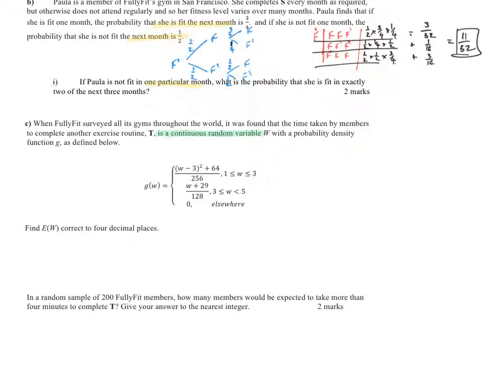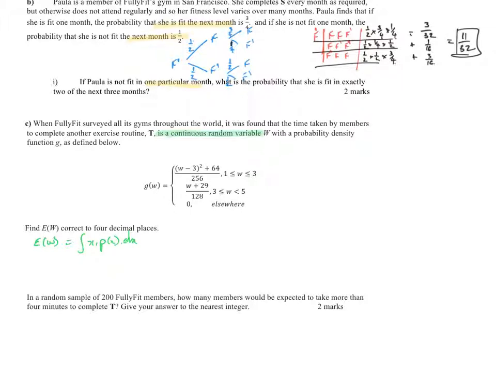So what do we know here? I know that the expected value of W is equal to the integral of x times P of x dx. So we've got two distinct intervals, so we've got two distinct integrations to do.